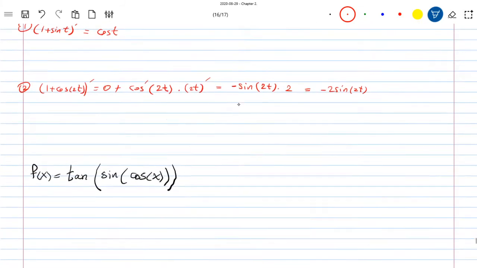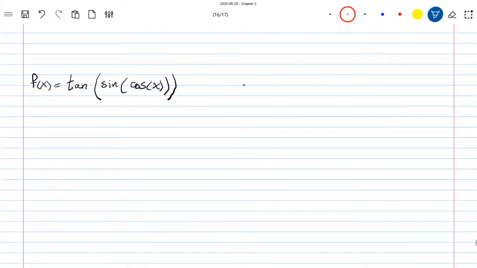Okay, here's another one. This is the composition of 3 functions, but you've only learned the chain rule for 2 functions. So what I'm going to do is apply the chain rule, and assume this yellow part is 1 function. So the derivative f prime of x would be the derivative of the outside, tangent, applied to the inside function, sine cosine x, multiplied by the derivative of the inside.